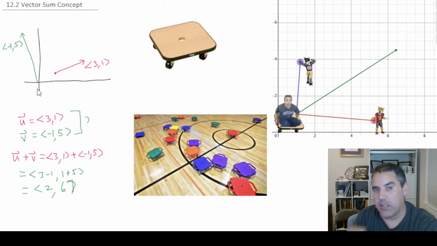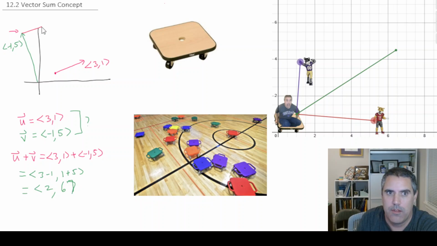But someone at some point was like, well, let's try to visualize them. And I know when I was a student, what I learned was this head to tail rule. Basically, you take the head of one of the vectors, it doesn't matter which one, you take the tail of the other one, you move it over, and you draw it. So you draw this little 3, 1. And again, I did a bad job of my scaling, but who cares?